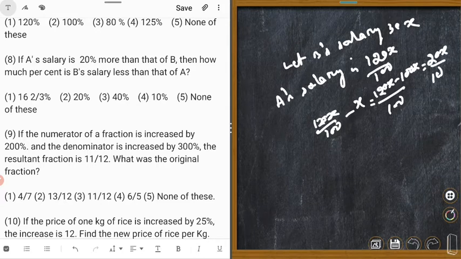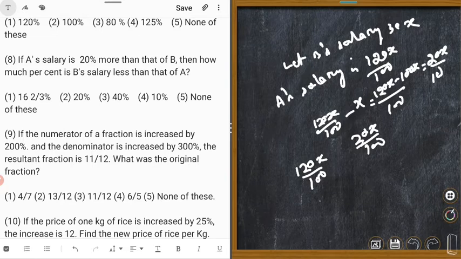Would you understand? When A's salary is 120x upon 100, B is 20x upon 100 less.